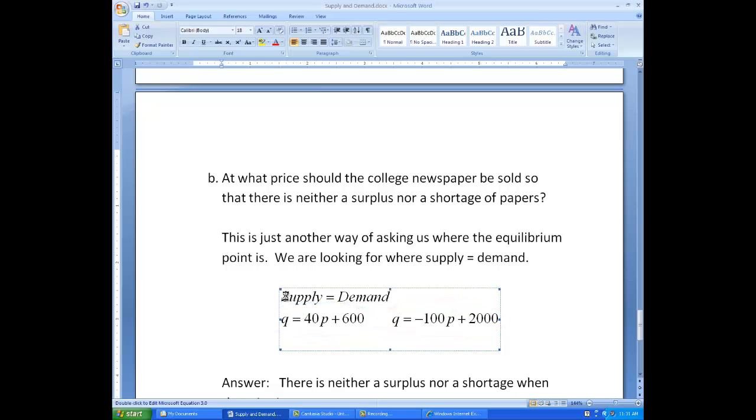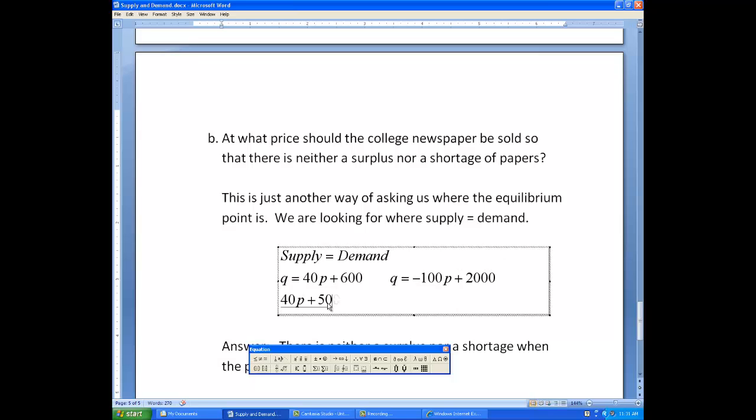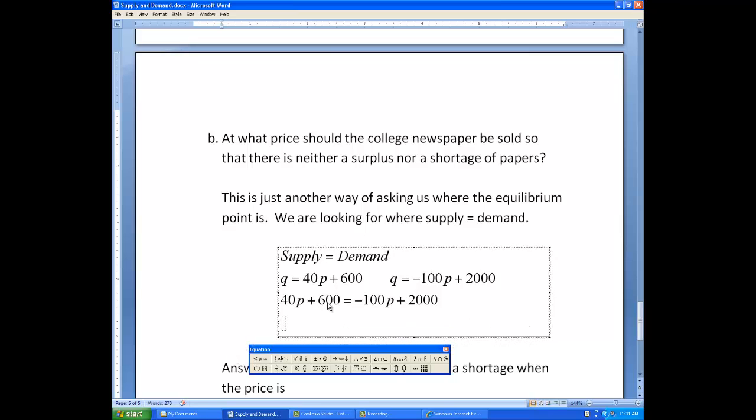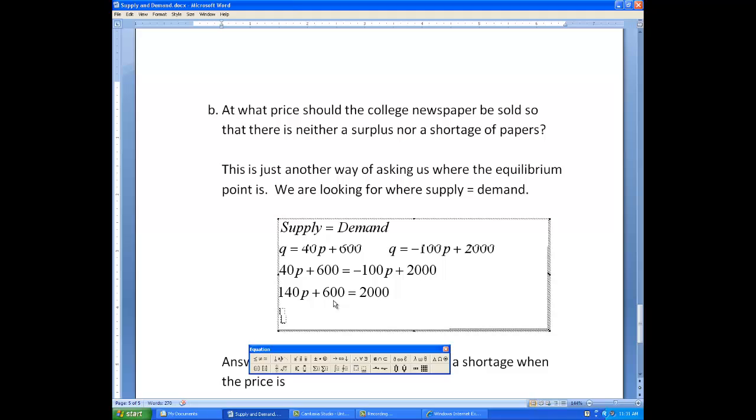What we can do, since we're trying to make supply equals demand, is set these two equations equal to each other. So we have 40p plus 600 equals negative 100p plus 2,000. If we add 100p to both sides, we're going to have 140p plus 600 equals 2,000. We're trying to solve for p here. And then what we're going to do is subtract 600 from both sides.